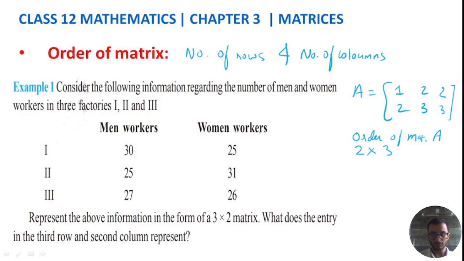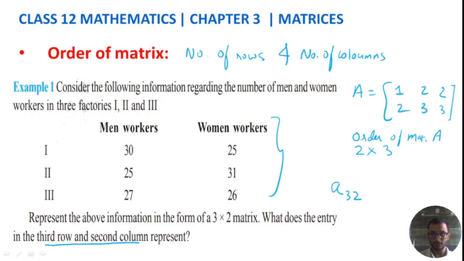You should solve this example and see which entry is there in the third row and the second column. That is, they have asked you to find the third row and second column, that is A32. First of all, I will explain it here. What will be A32 here?